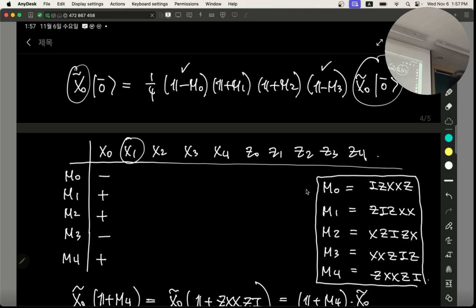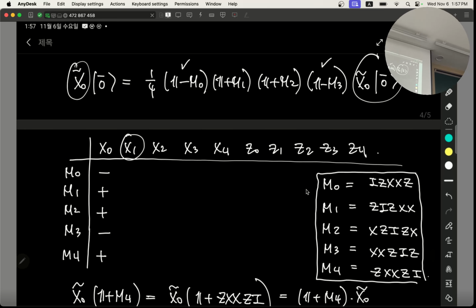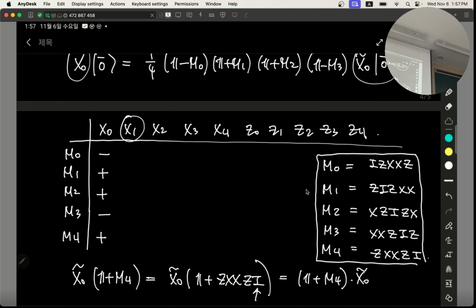Basically, you just locate where the x's and z's are. When you look at the table for xi, you see where the z's are in the ith qubit of m0 to m4. For x1, you take the first qubit, qubit 1 here, and you can see that there is a Z here and a Z here.